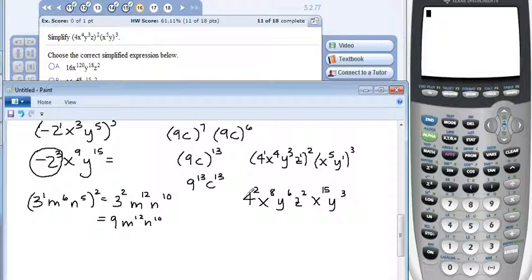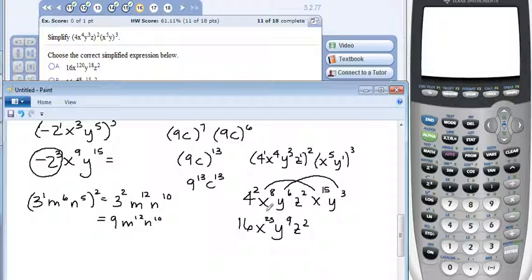Now, 4 squared is 4 times 4, which is 16. And now these are same bases, aren't they? I can add my exponents with my rule. So I've got, what do I have here? I have 23 of them. And then I've got my y terms. I can also add those. I've got 9 of those. And z is alone.